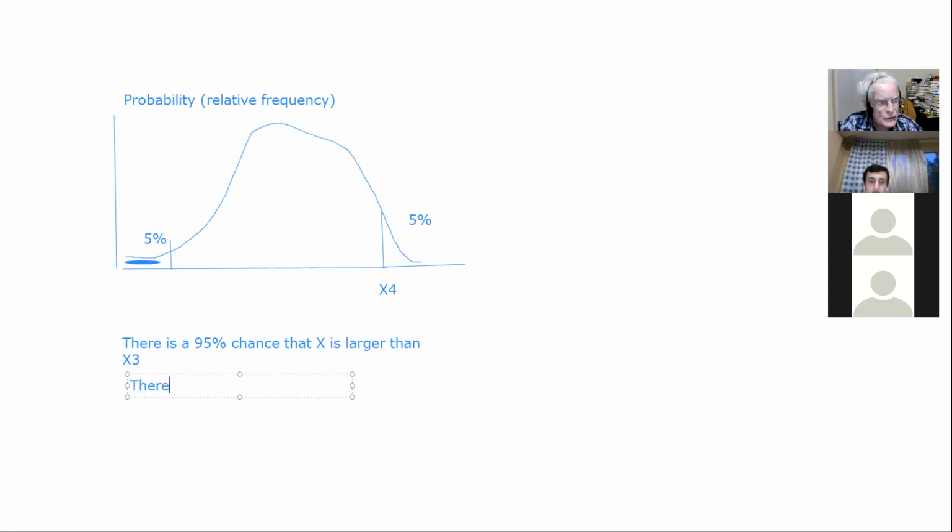So there is a 95% chance that x is smaller than x4.